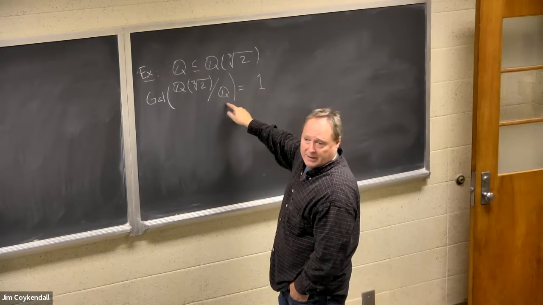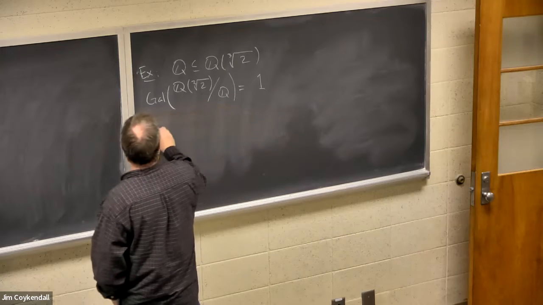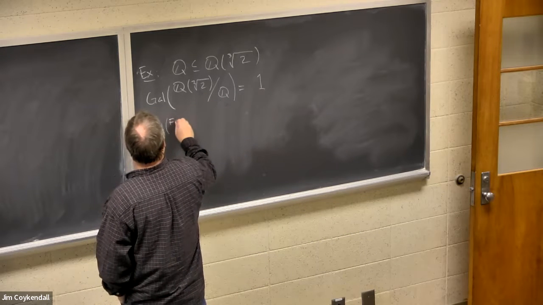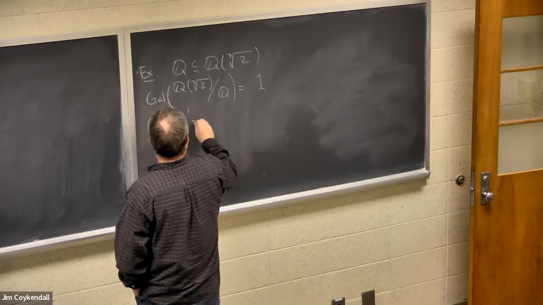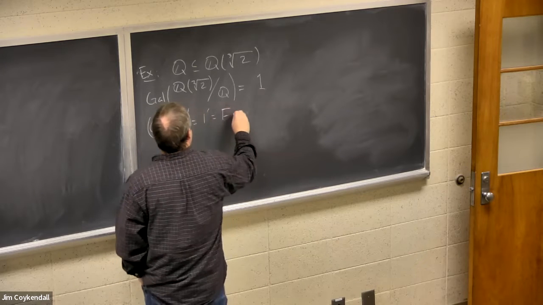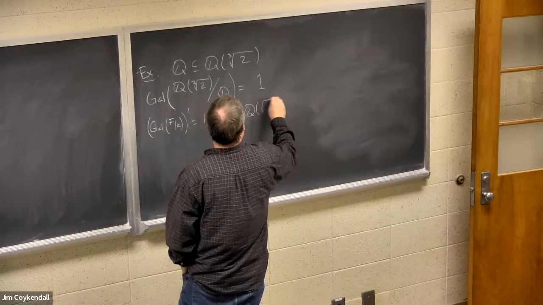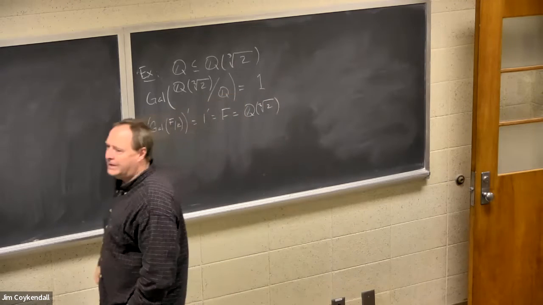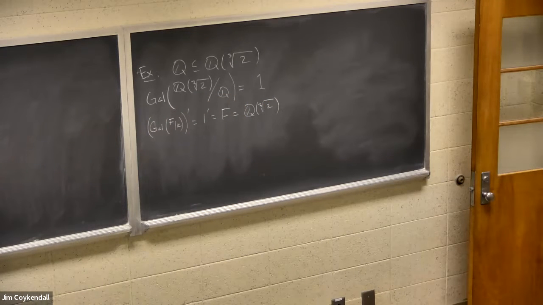And so if you look, the fixed field is all of the big field. And in fact, when that happens and when that doesn't happen is very important, and it will be one of our equivalent definitions of what it means for an extension to be Galois. And so we'll jump to that right now.